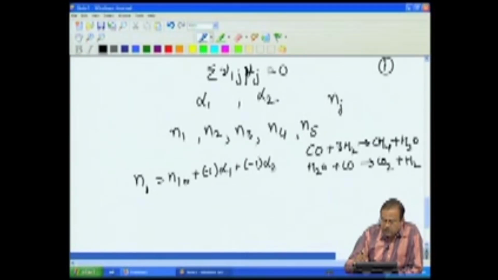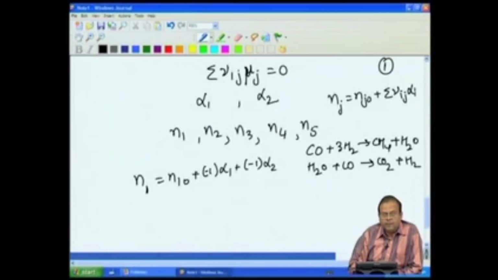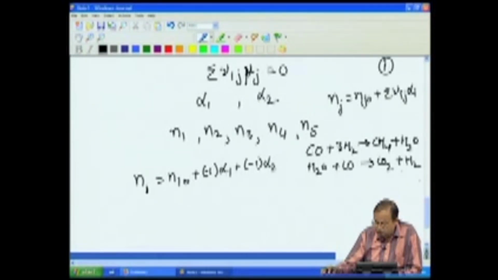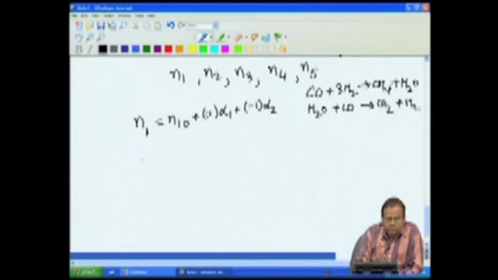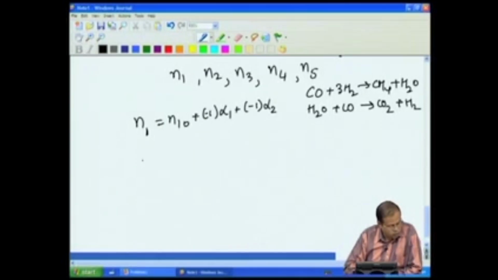We said that Nj is Nj0 plus summation nu ij alpha i. Okay. So, if you do this for each of these reactions, N2, N3, N4 are all related to alpha 1 and alpha 2.